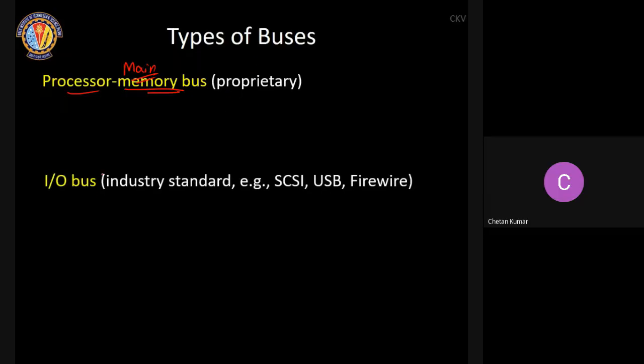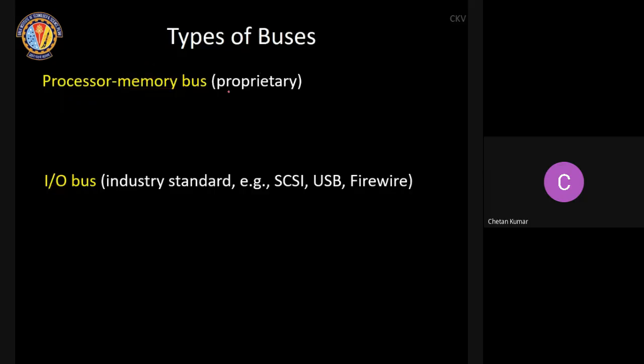But when it comes to the IO bus, where you connect your secondary memory, your monitor, or your keyboard, you have industry standards like USB, SCSI, FireWire, and UART. All of that will be used as your IO bus.